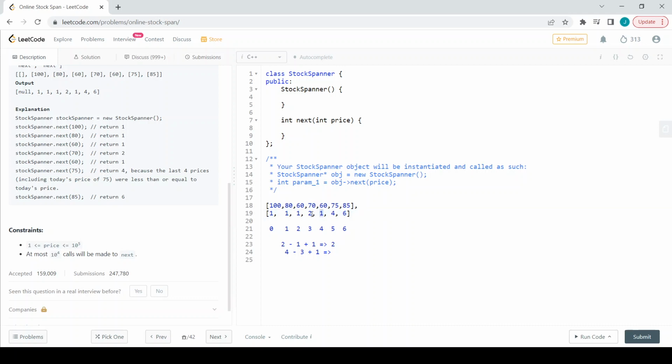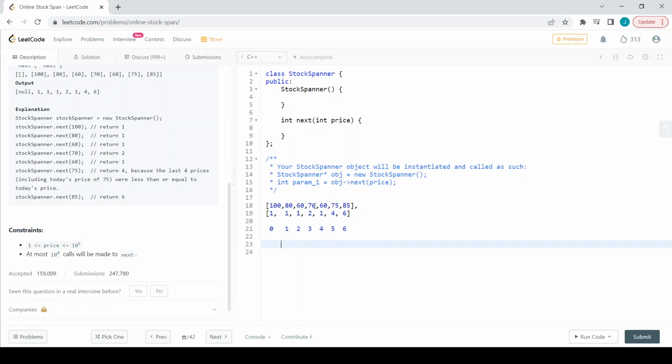So we have 1. For the 70, the next greatest element is 80, and we get 3 minus 2. Okay, the index itself handles that, so we don't want to add plus 1 at all.